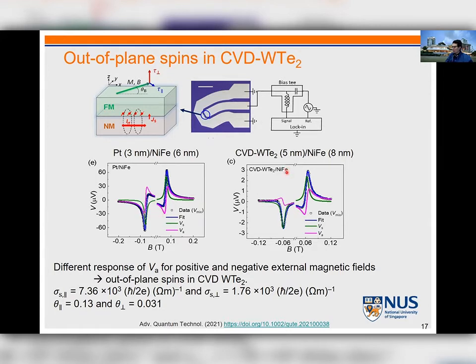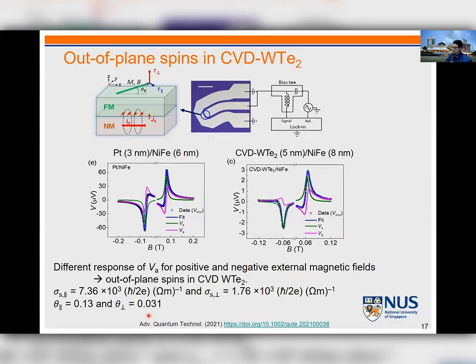However, if you look at the tungsten ditelluride with permalloy, the anti-symmetric component, which is shown in this color, you can see is very different. So from some well-developed analysis, we can find the in-plane spin conductivity and out-of-plane spin conductivity. And then we can also convert them to effective spin Hall angles of in-plane 0.13 and out-of-plane about 0.03.